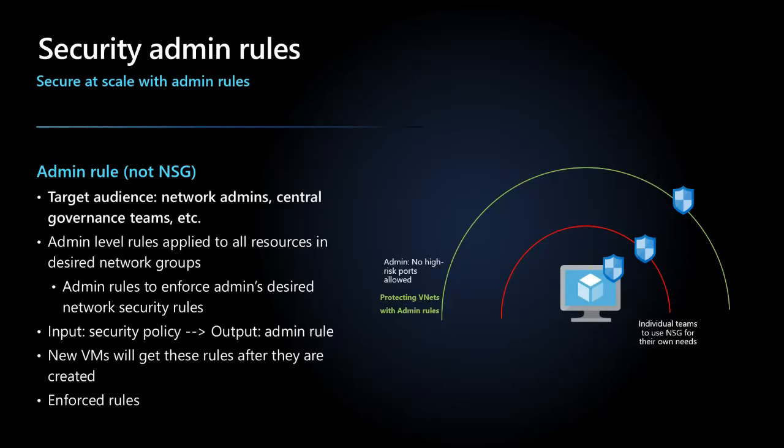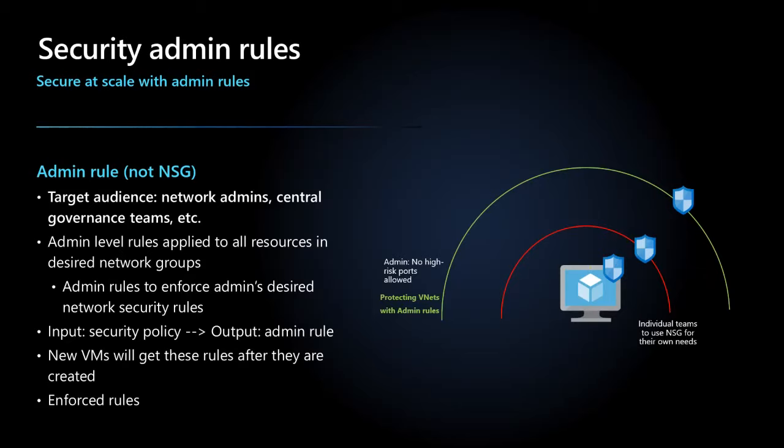The target audience of this rule would be network admins or the central governance team. What you can do is use an admin rule on the VNet, and admin rules will always be evaluated prior to NSGs.